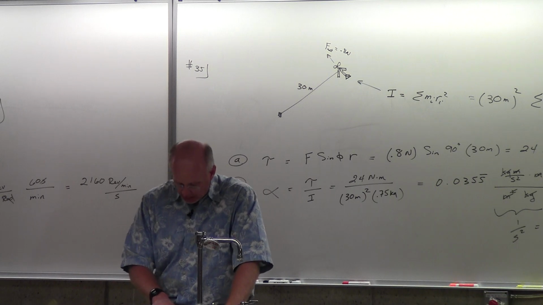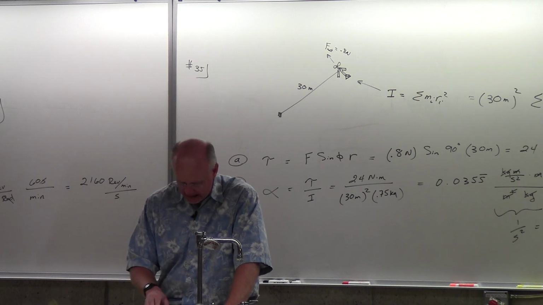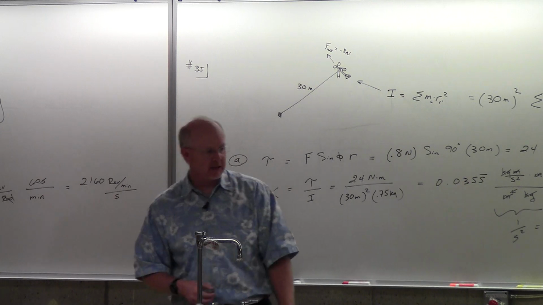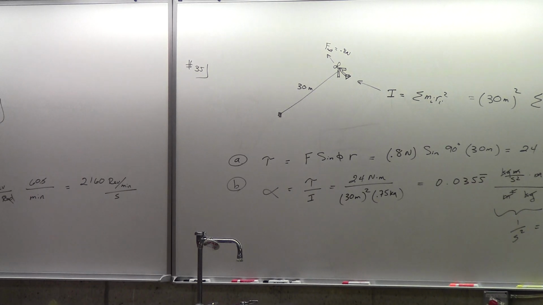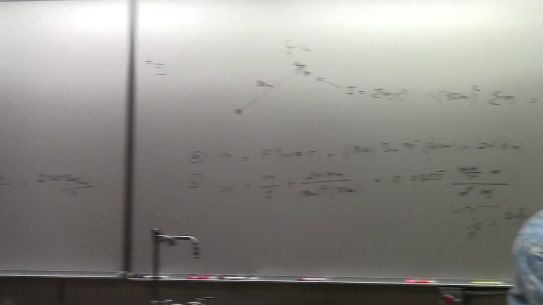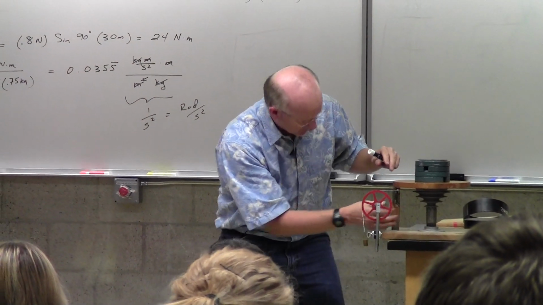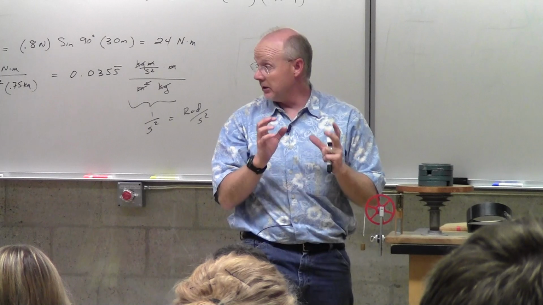It says an irregularly shaped object such as the payload for a satellite. Figure 49 shows a counterweight of mass m suspended by a cord wound around a spool of radius little r. So here is the mass they talk about. I'll call this little m, that they are hanging, where the cord comes up and goes around a spool of radius little r.